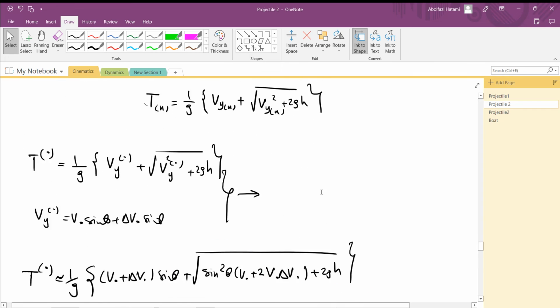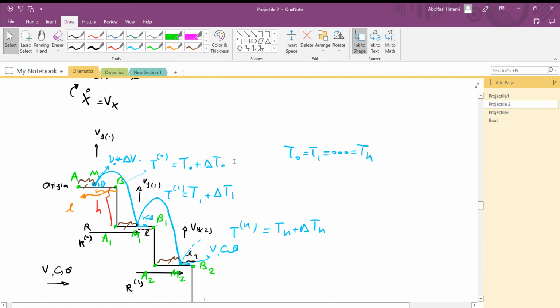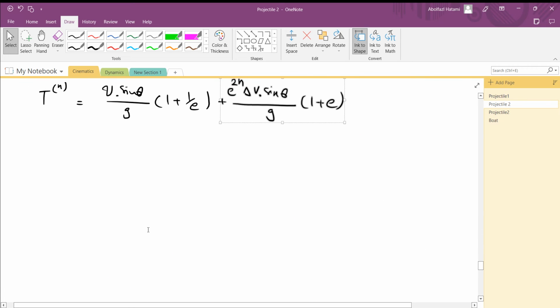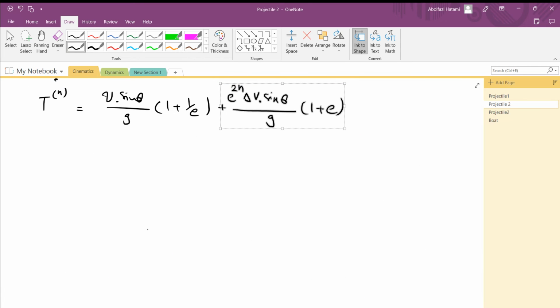So now that we have each piece, we can have each r, for example r0, r1. But how can we have it? For example, if we want rn, we should multiply v0 plus delta v0 cosine of theta, our velocity in the x direction, which is constant, times tn.